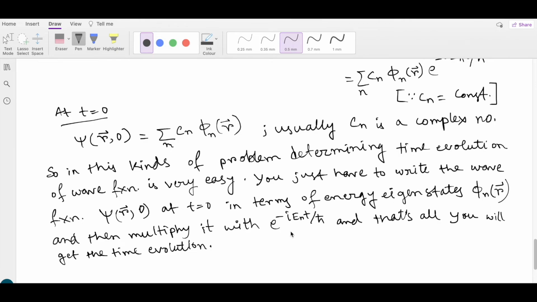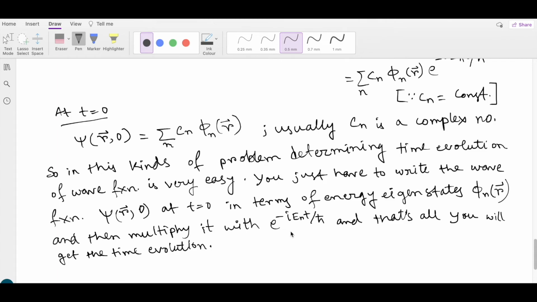In these kinds of problems, determining the time evolution of the wave function is very easy. You just have to write the wave function at t equals 0, that is ψ(r,0), in terms of the energy eigenstates φn.